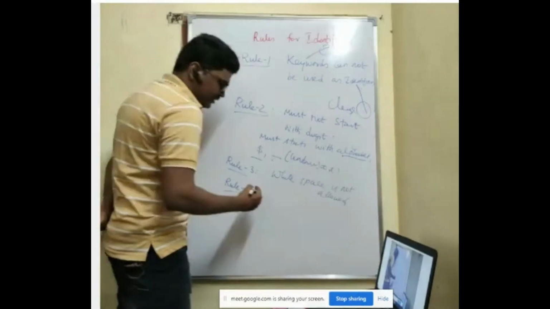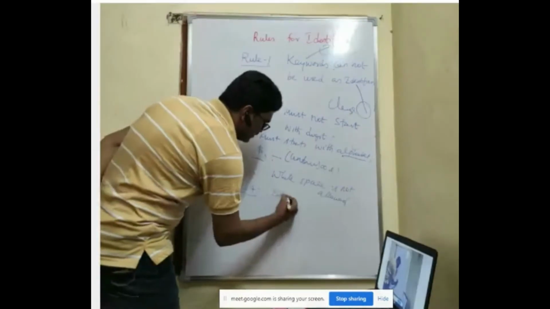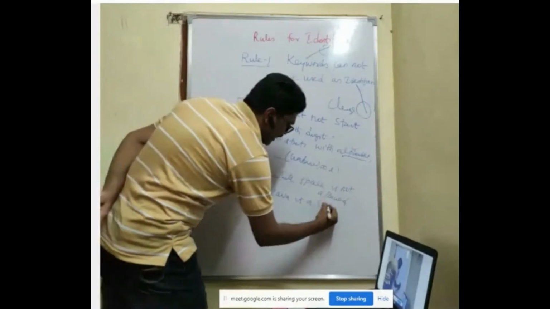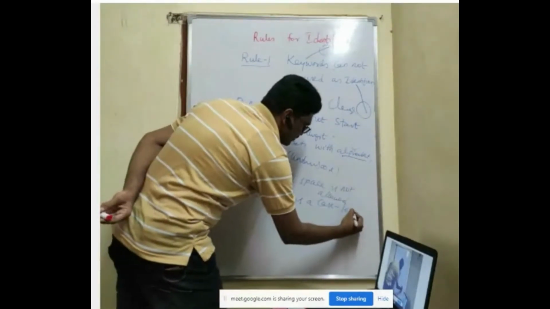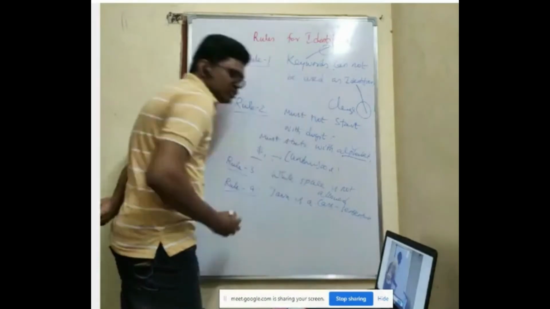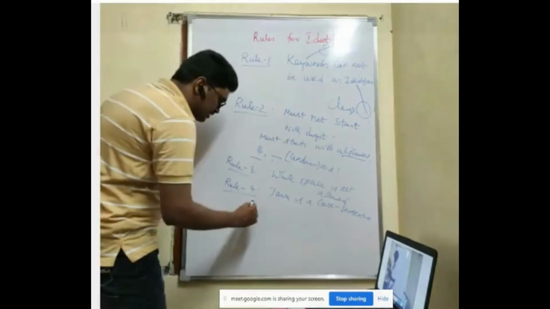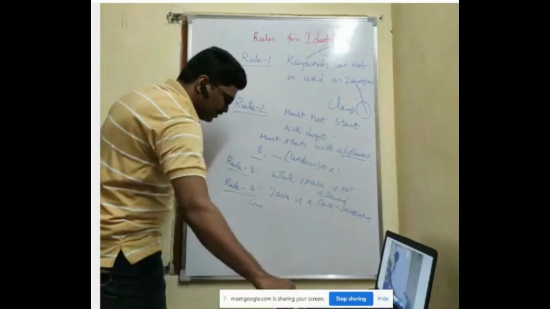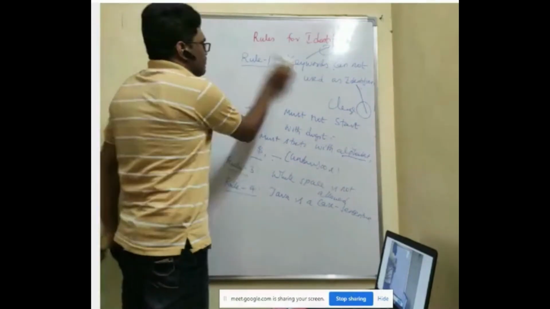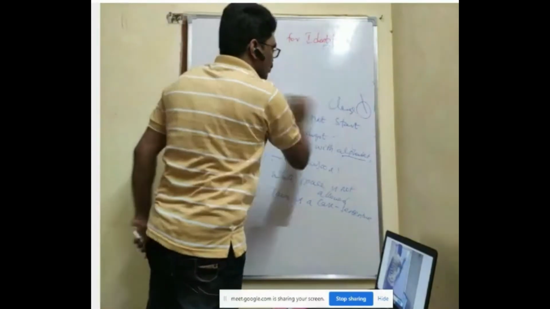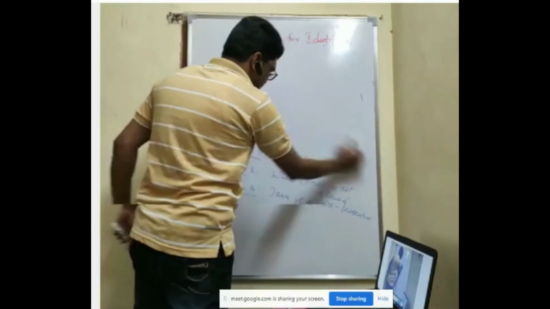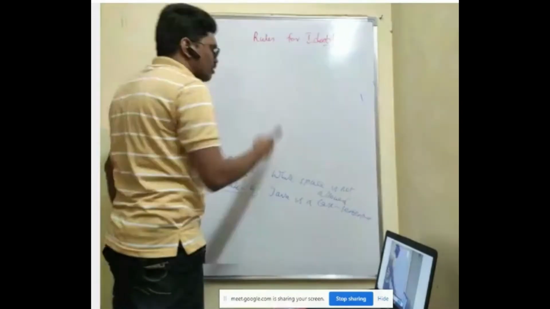Rule 4: Java is a case sensitive language. You have to use the same version of the variable throughout the program.